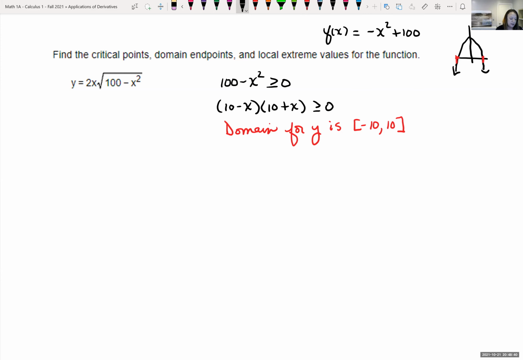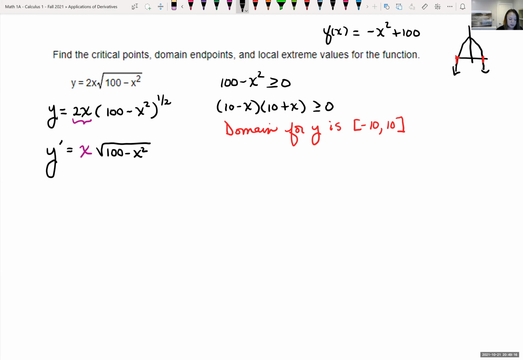So let's take the derivative. Actually before we take it, let's rewrite it a little bit. This is y equals 2x all times 100 minus x squared raised to the 1/2 power. So the derivative of y, we can write it as dy dx or y prime, equals the derivative of our first function, derivative of 2x is 2, times the second. The second I'm just going to leave in square root form.